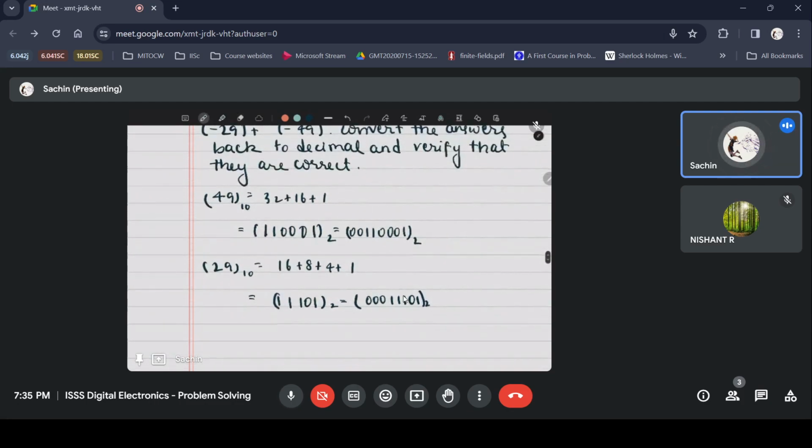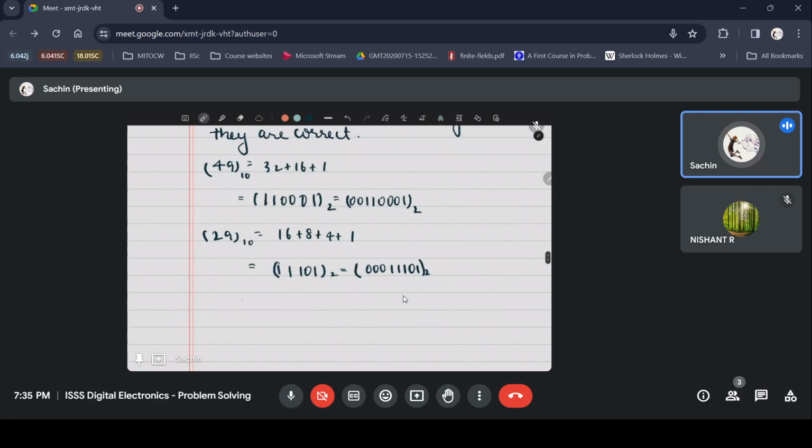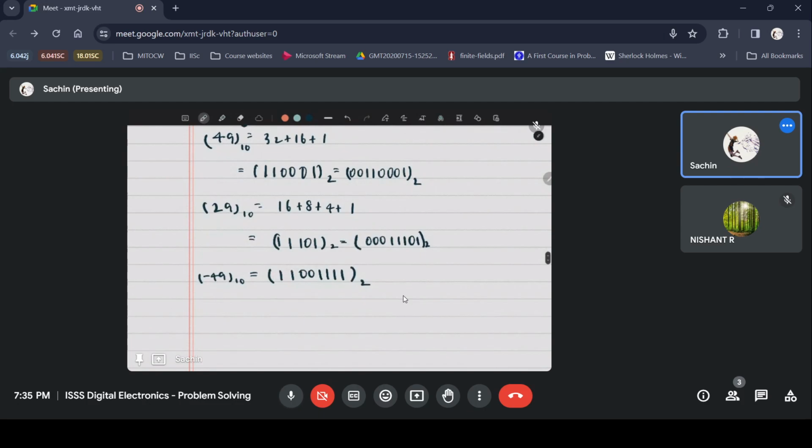Then we'll take the 2's complement of these numbers. Minus 49 base 10: 11001110 plus 1 will be 11001111. That's the 2's complement. And then minus 29 base 10 will be 11100010 plus 1, that will be 11100011 in binary.